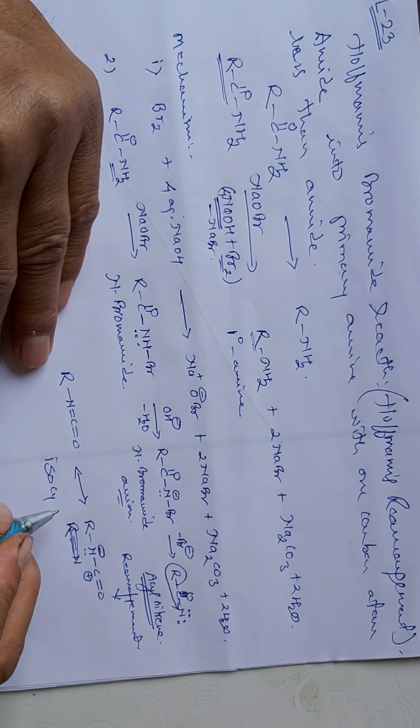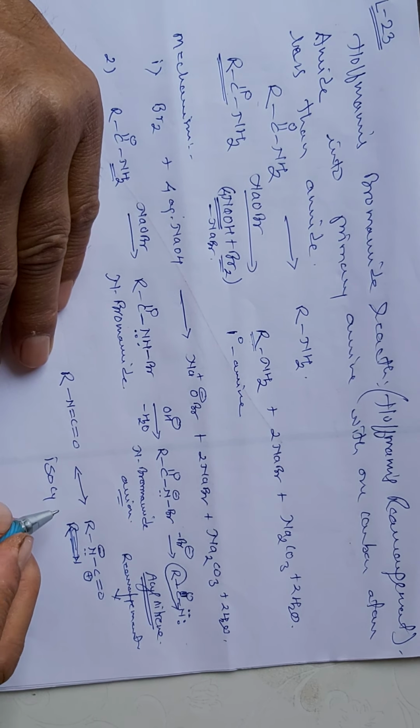Propionic acid on reaction with thionyl chloride gives CH3CH2COCl, the acid chloride, propionyl chloride. This propionyl chloride on reaction with ammonia forms the amide, CH3CH2CONH2, propionamide.